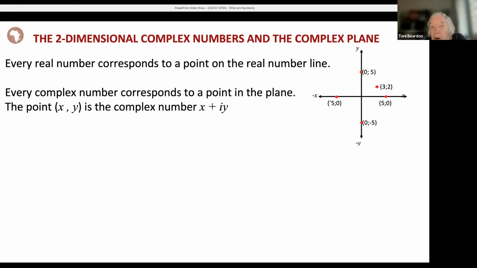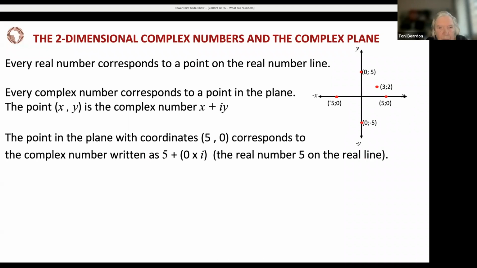The imaginary part is 0. 5i and minus 5i are on the y-axis. And then 3 plus 2i is the other point shown in that diagram.